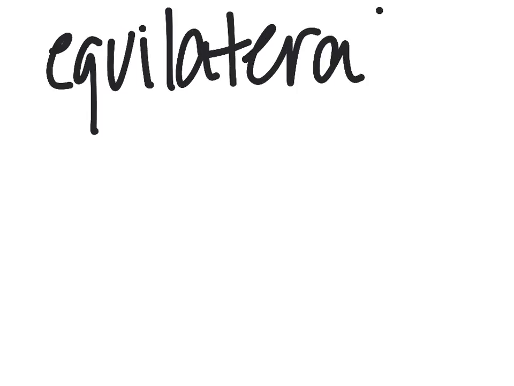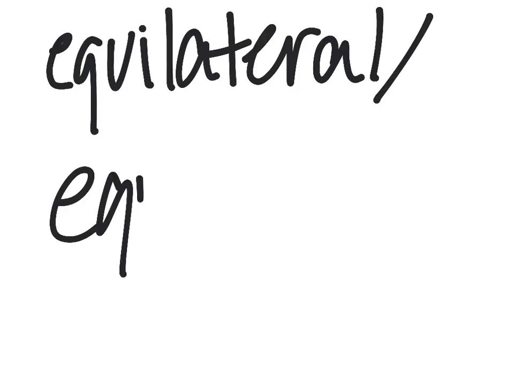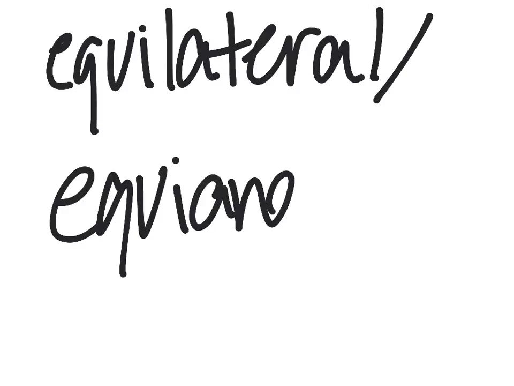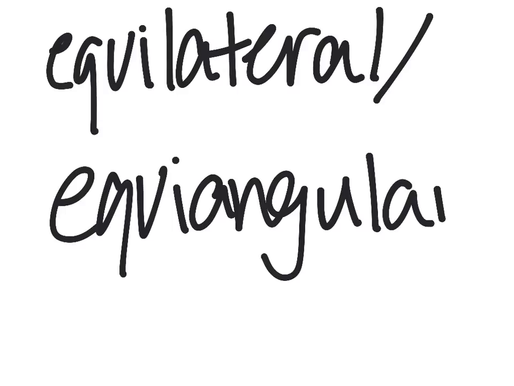A regular polygon is an equilateral and equal angular polygon. Now, these two words mean that all the sides of the polygon and all the angles of the polygon are equal.